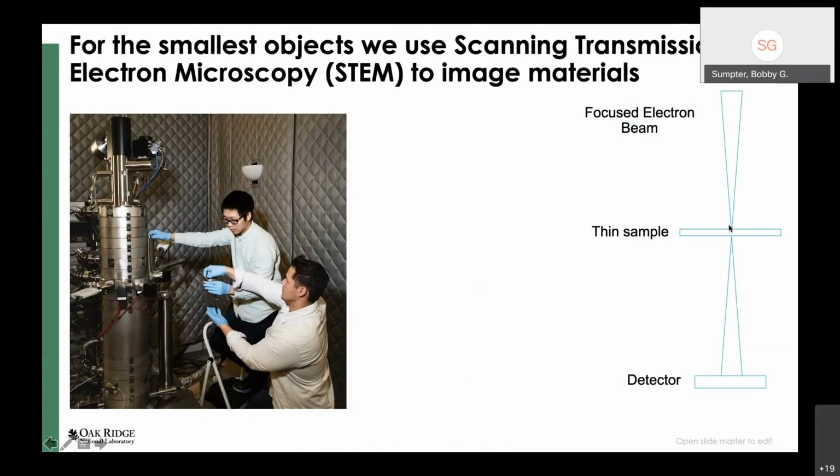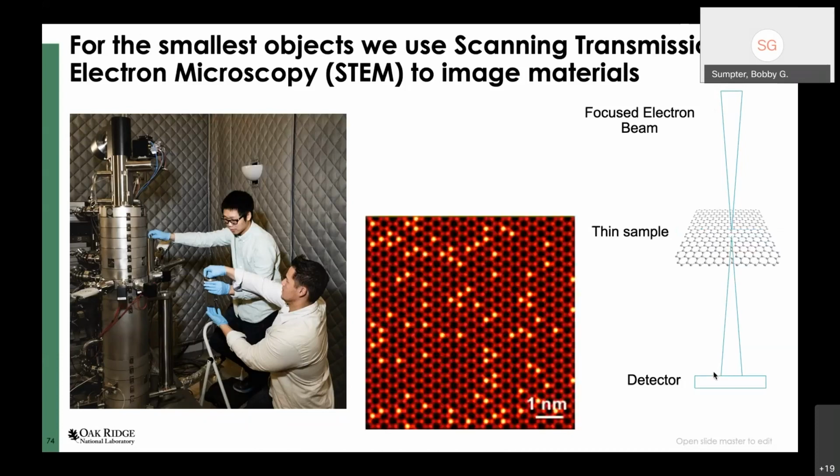It passes through a thin sample, and then that is transmitted to a detector, which records the position of the atoms. So with a material such as graphene, that's very thin, you can put it under the electron microscope, and you can actually see the individual atoms or the individual defects.